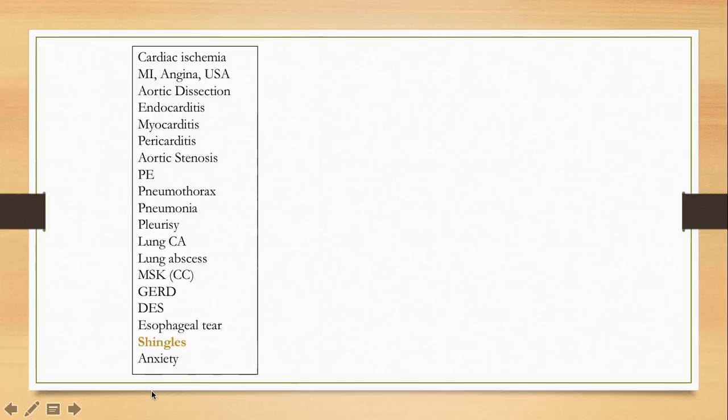Next is shingles. People will come in with chest pain, possibly if they have shingles, and this will be of course only if the pain is in the dermatomal distribution where you have the chest. People usually have a vesicle, so it is a good idea to do a physical exam. That's how you will know that this is shingles.